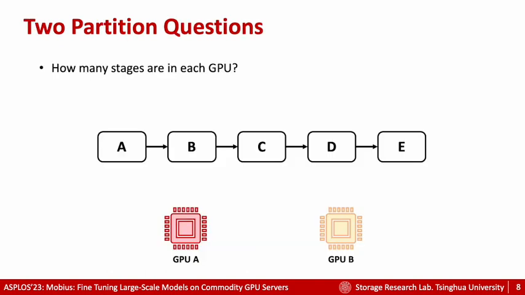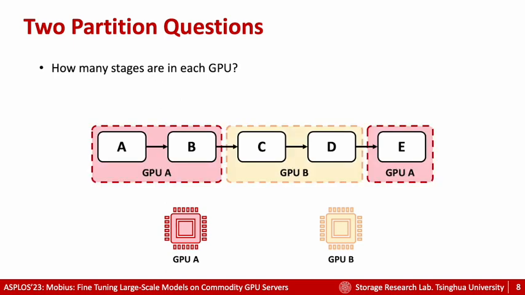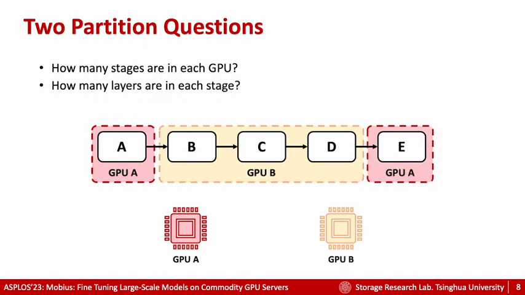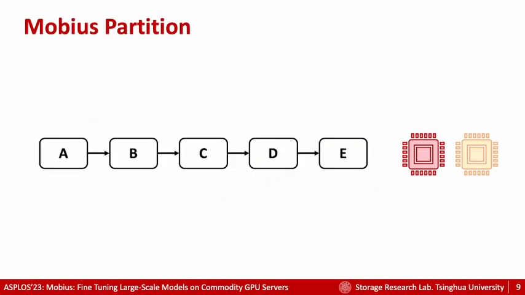There are two questions to answer when partitioning the model. First, how many stages are in each GPU? The second question is how many layers are in each stage. To answer the question, Mobius first profiles some metrics.